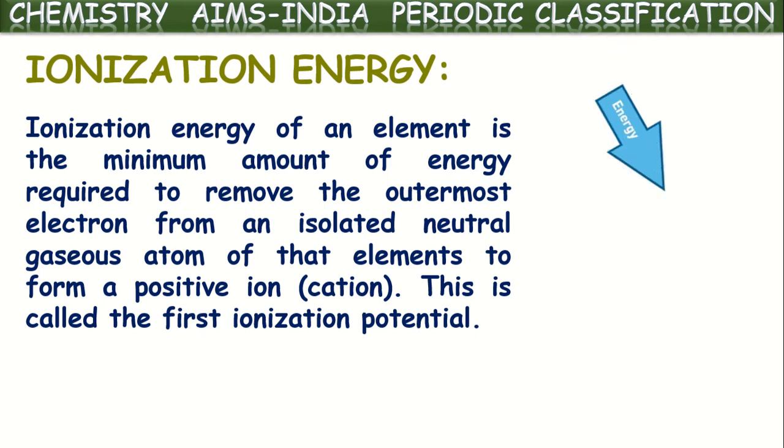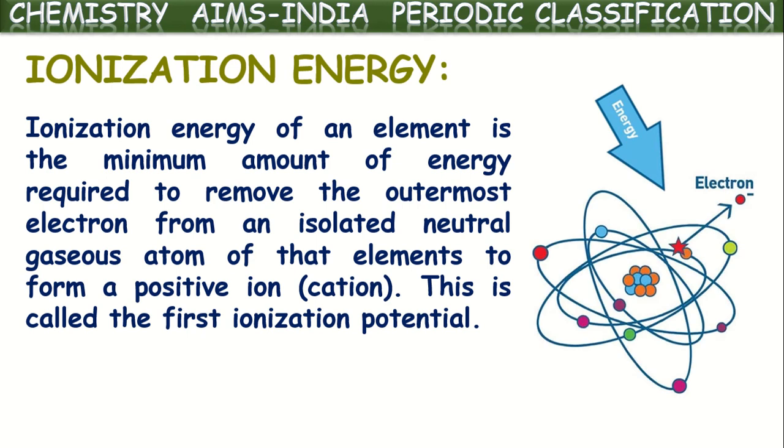For example, take an atom. Suppose certain energy is given to an atom. Then the atom may lose an electron from its outermost orbital. The amount of energy required by that atom to remove this electron from its outermost orbital is known as ionization energy.